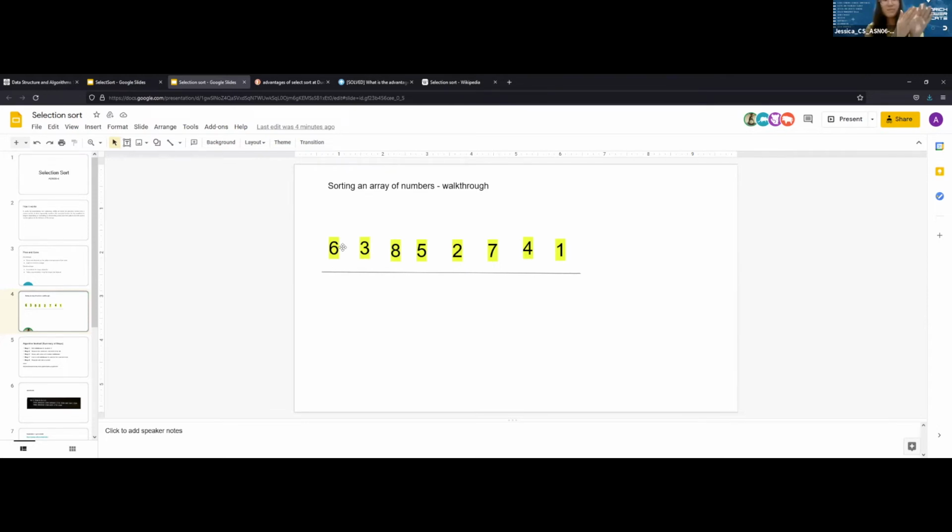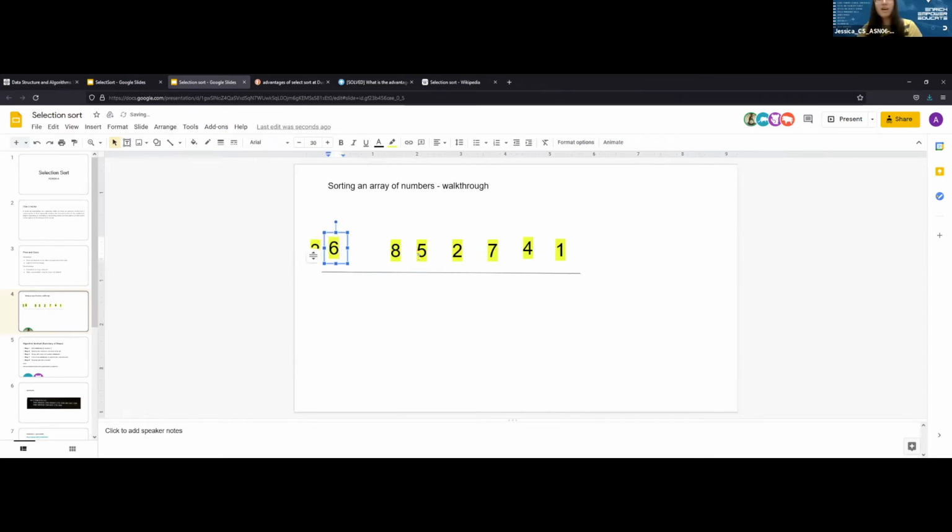Basically, looking at 6, that is the smallest number that we've seen so far. And moving on to the 3, as 3 is less than 6, we're going to store that temporarily as the smallest number. Moving on to the 8, as 8 is bigger than 3, we're going to move on to the next element, which is 5.